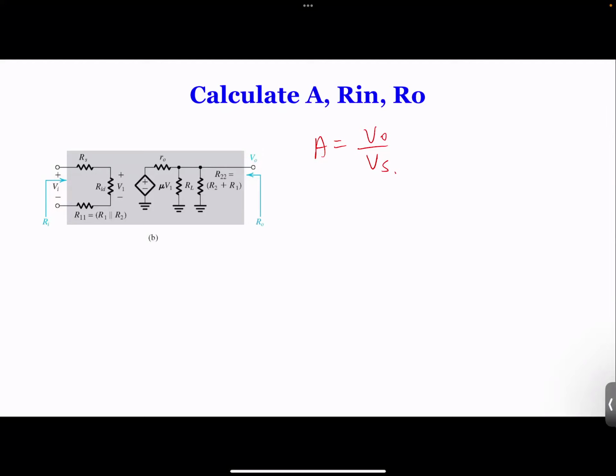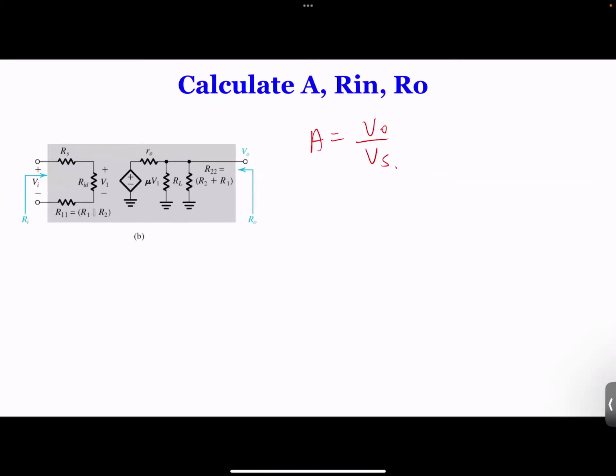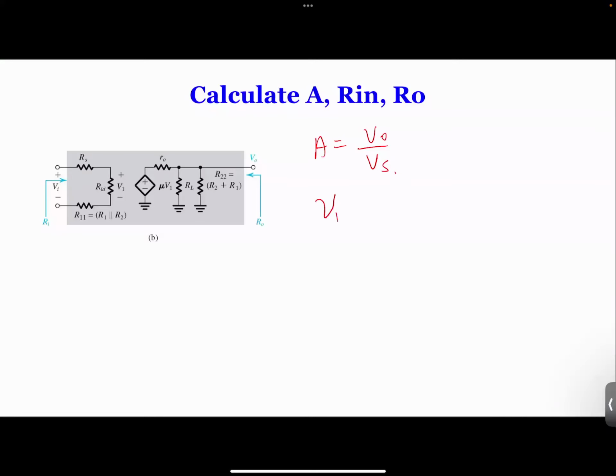V1 as a function of Vi, the 3 resistances are in series, so it's a voltage divider. Because it's a voltage divider, it goes as Ri over Rs plus Ri plus R22. The first step is to get this V1, and the second step is to get VO.